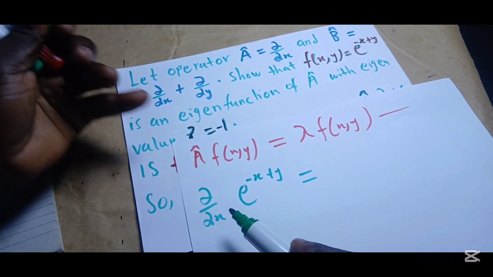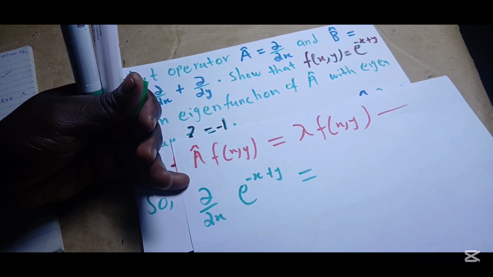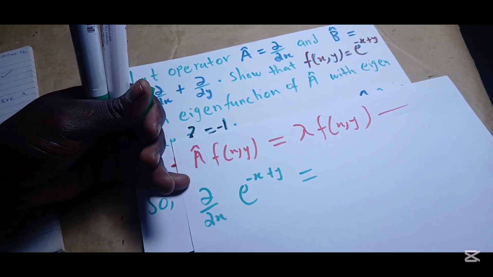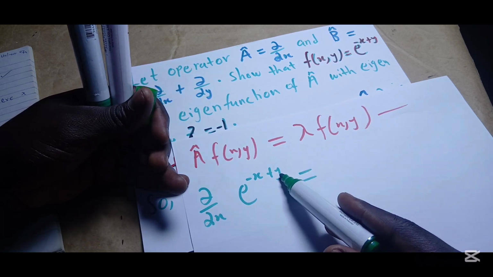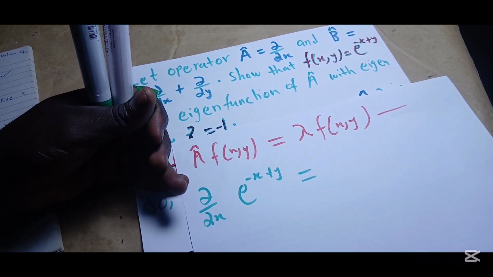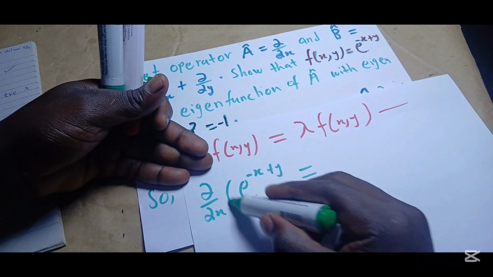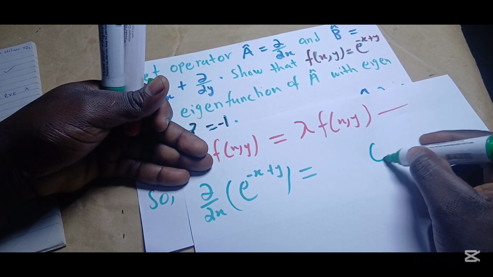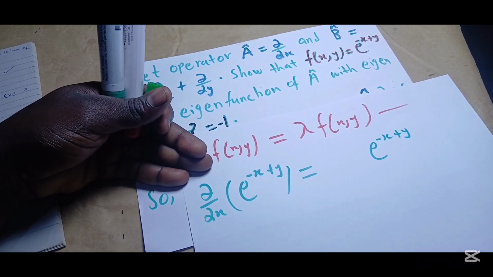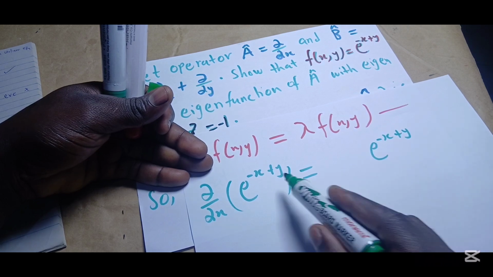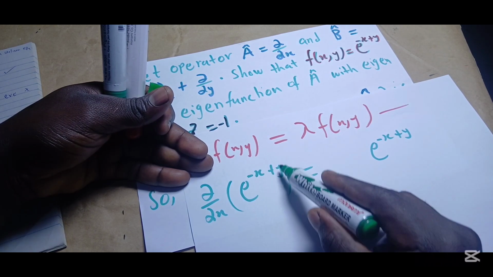We are going to differentiate this partially with respect to x, which means we are not going to be concerned with the variable y. Like normal differentiation, we write the exponential term out as it is, then multiply the whole term by the derivative of the exponential power.